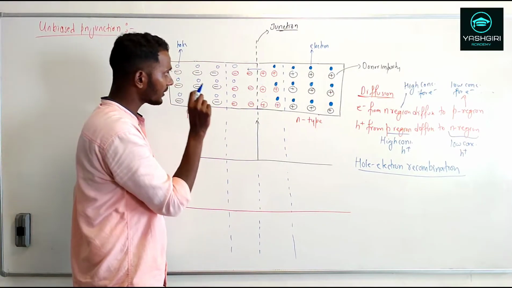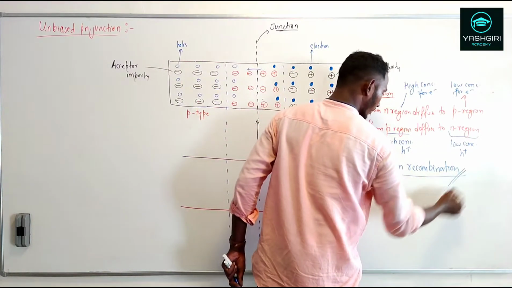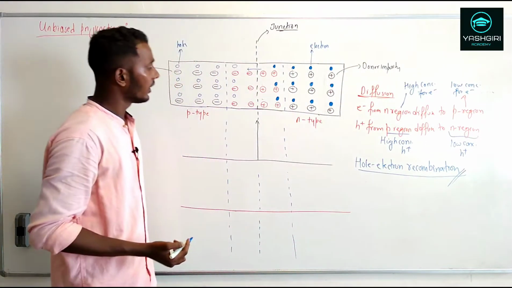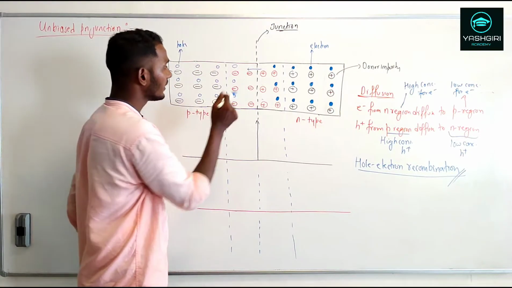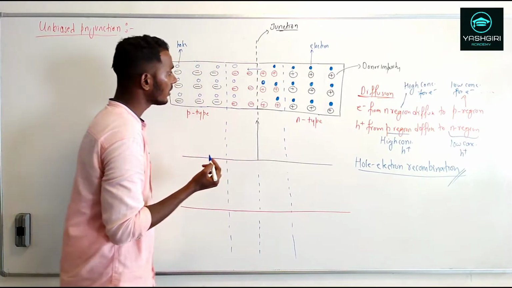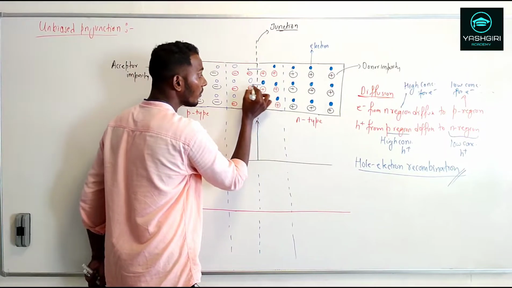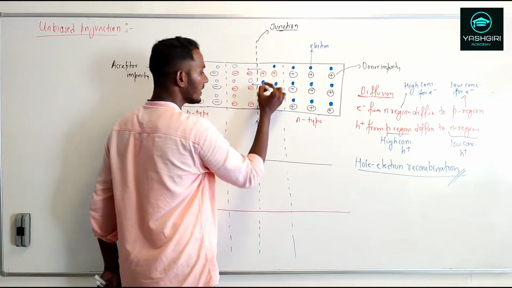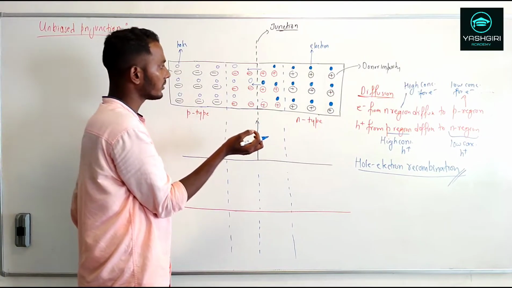Now if you just look at this, just before these electrons get recombined with the holes, this is the charge you see here. So this is your charge, and this is your hole. This electron is in motion. In this case, the charges are in motion just before this recombination.